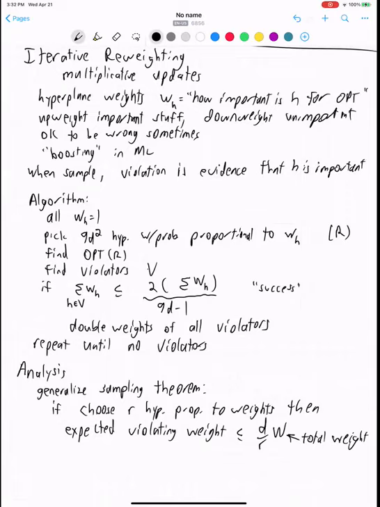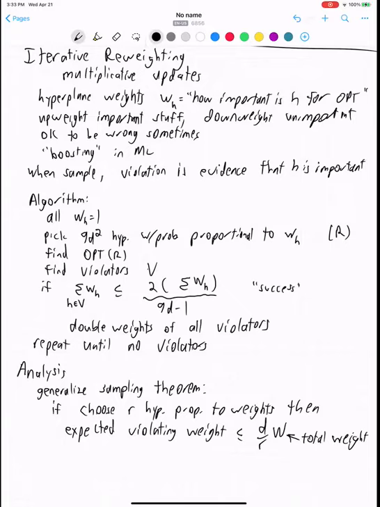Again, when all the weights are 1, what I'm saying is that if you choose R hyperplanes uniformly, then the expected number of violations is dn over R, which is what we proved in the uniform sampling theorem. Now we're just introducing weights. You'll do this on your homework, but it's actually quite easy.